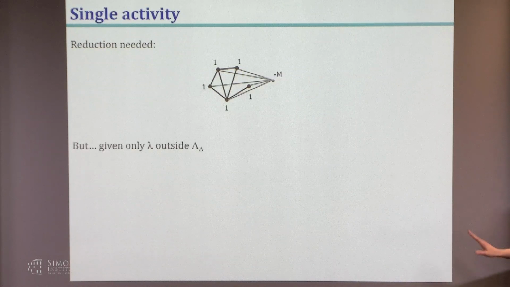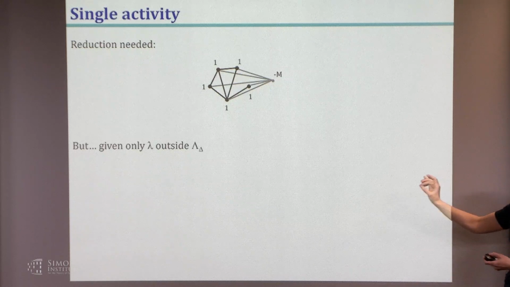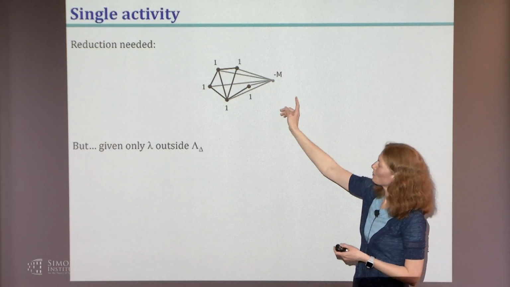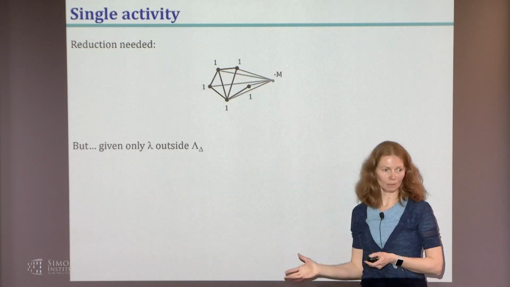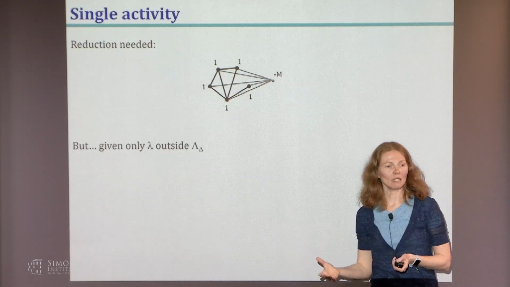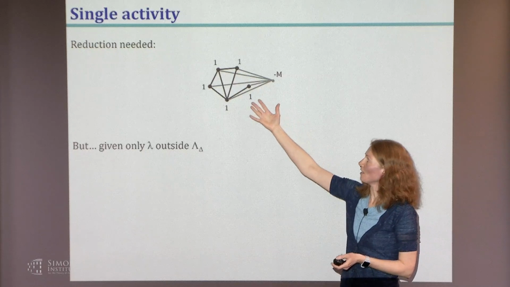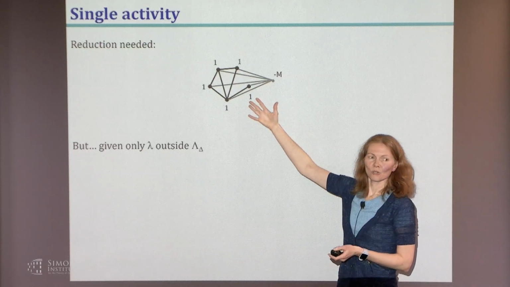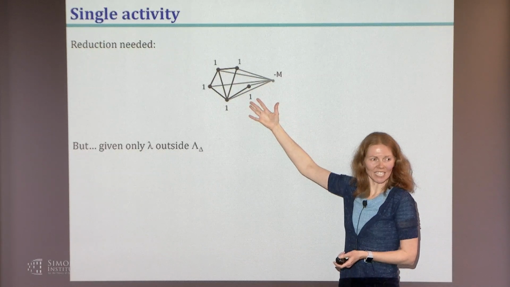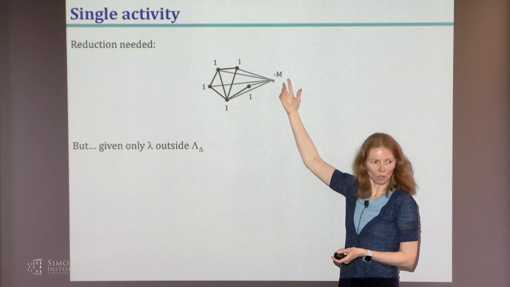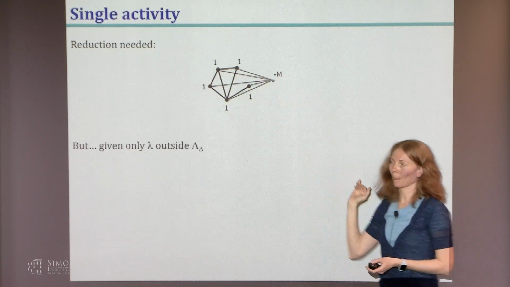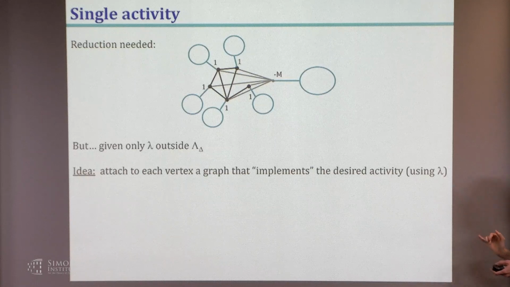Okay, so now this is the setup. We needed different activities, but we are given only lambda. So we're going to play with our lambda, and somehow we're going to modify this graph so that it behaves as if it had the activities that I want, namely 1 and minus m. Okay? And so what does that mean?